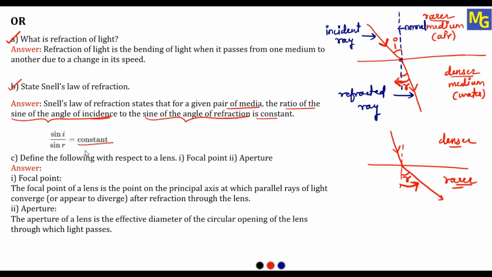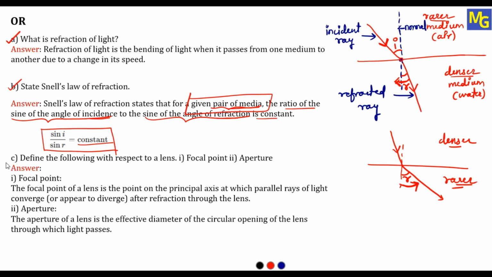Remember, this happens for a given pair of media. According to this you have to write the sentence. If you write everything and don't write for a given pair of media, then the law will be wrong. So you have to write: it states that for a given pair of media, the ratio of the sine of angle of incidence to the sine of angle of refraction will always be constant, and it is denoted like this. This is the formula. So this is the answer for question B.